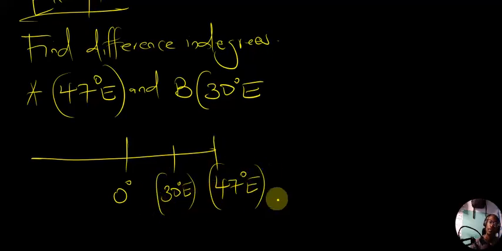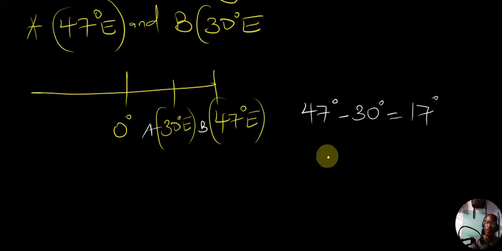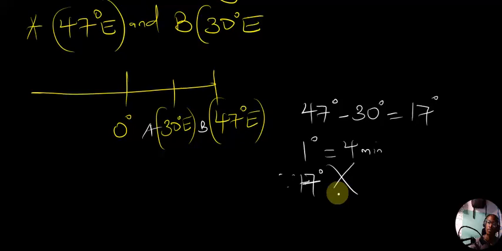To find the difference in time between these two countries, A and B, we have to minus. We take 47 degrees minus 30 degrees, which we get as 17 degrees. To find the exact time, 1 degree is equal to 4 minutes, based on what we have mentioned above. What about the 17 degrees? Cross multiply.